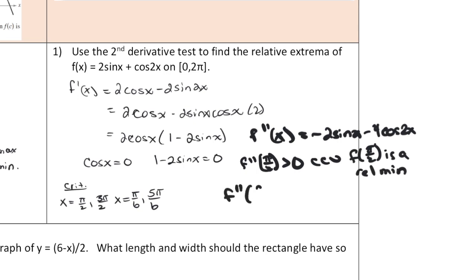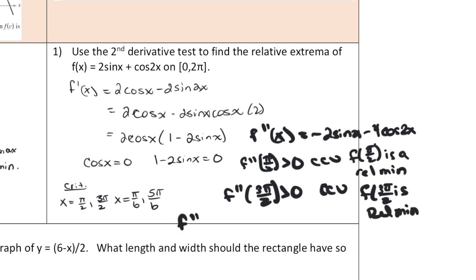F double prime at 3 pi over 2 is greater than 0. So it's concave up again, and that tells us that f at 3 pi over 2 is another relative minimum.